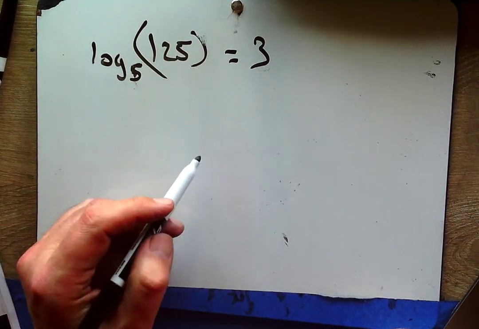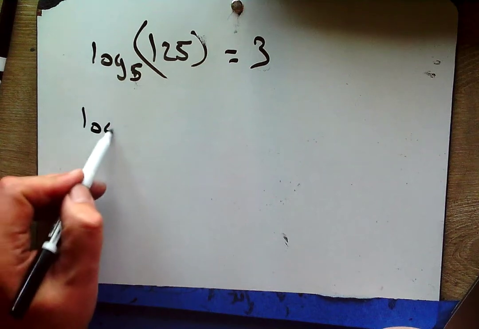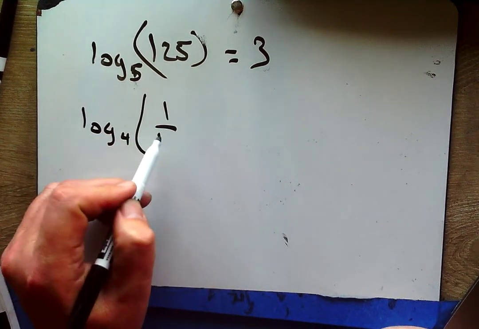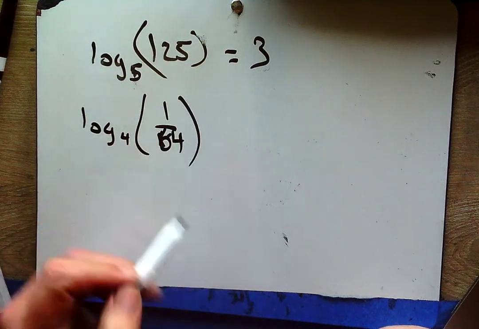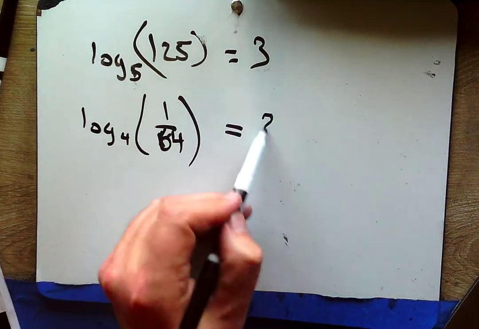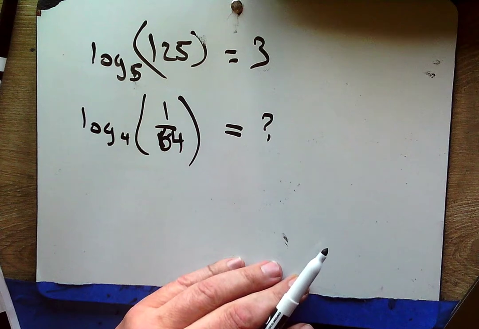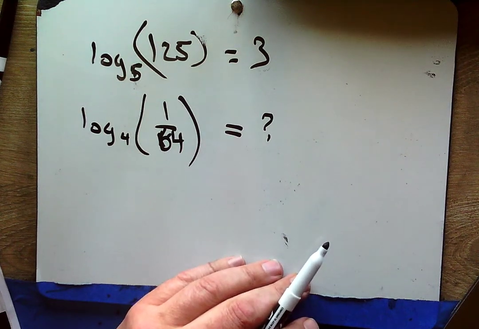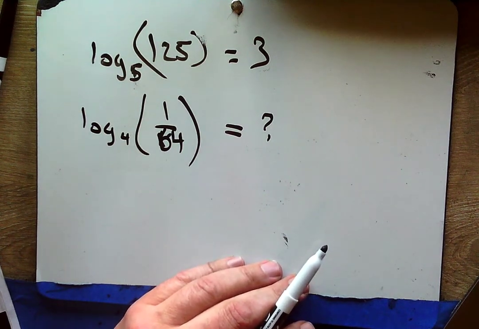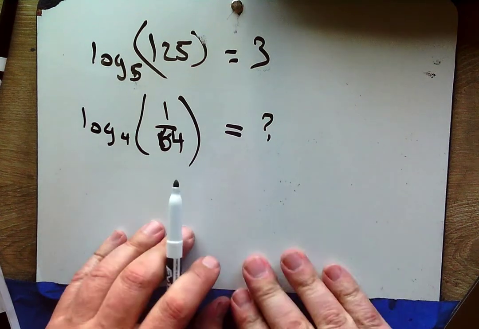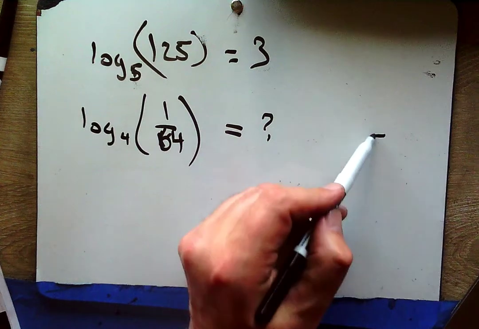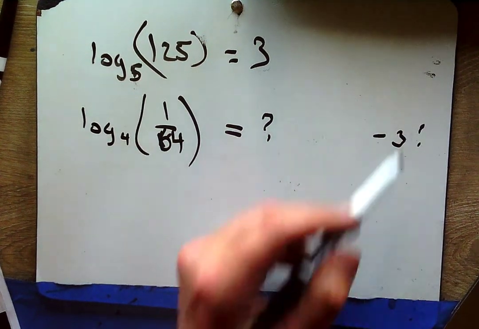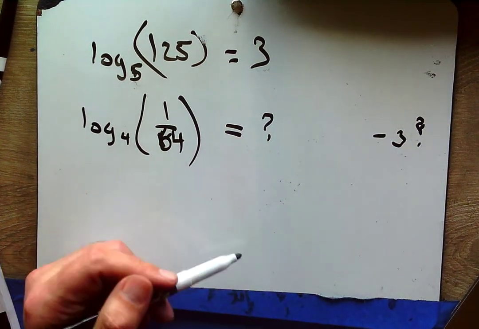How about log base 4 of 1 over 64? What's that equal to? 5, 4, 3, 2, 1. Did you get -3? So how'd you do it?